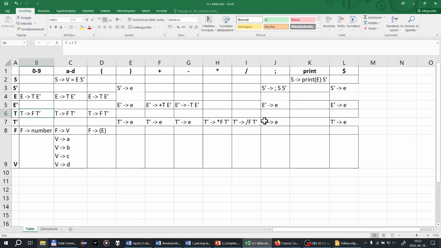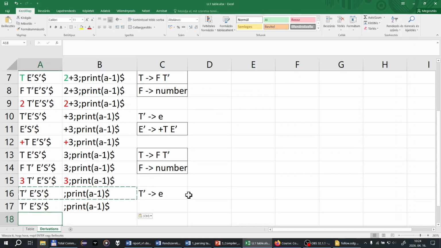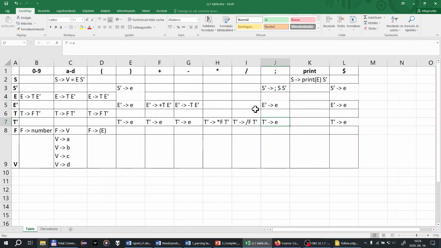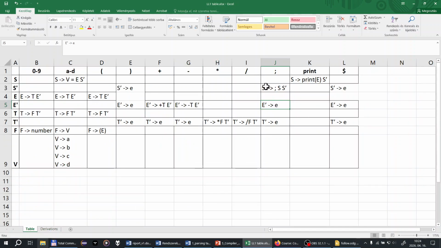Okay, for the T prime and the semicolon we have T prime to E, so practically it is eliminated. For the E prime and the semicolon we have the same. Okay, so E prime is eliminated as well. For the S prime and the semicolon, we have semicolon S prime.